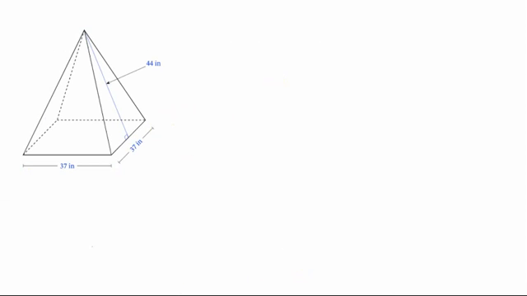Here we've got a pyramid, which assumedly has a square base. Why do I assume that? Because the dimensions on the bottom are the same, 37 and 37, so the base is going to be a square. What we're going to do first, probably the easier one, is work out the area of the base.